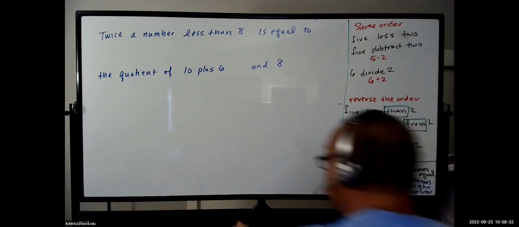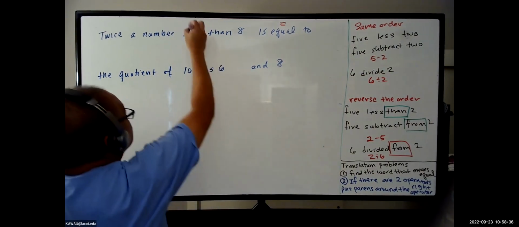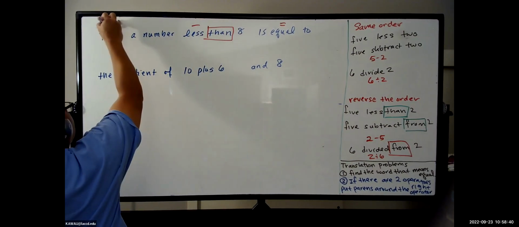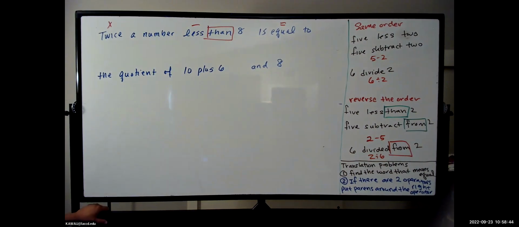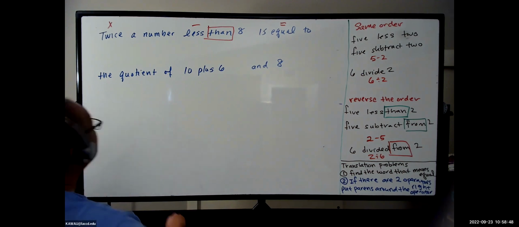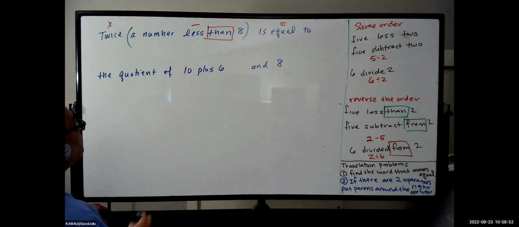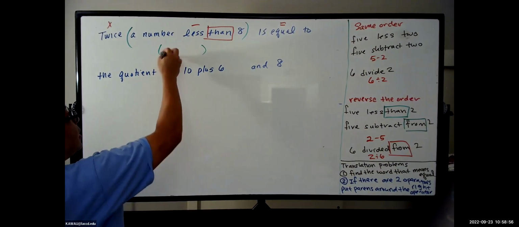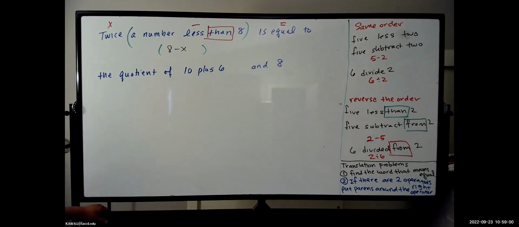So here's my equal, and I have a subtraction and a than, and I have a times. So a number less than 8 will be, we have to switch sides, 8 minus x.